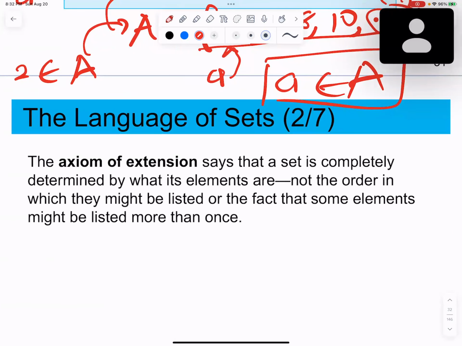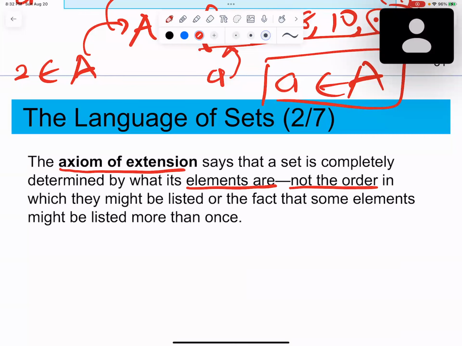Now, there is what is called the axiom of extension. That says a set is completely determined by what its elements are, not the order in which they might be listed.